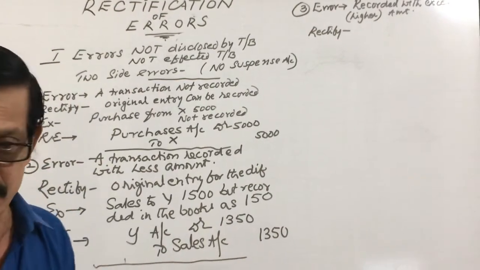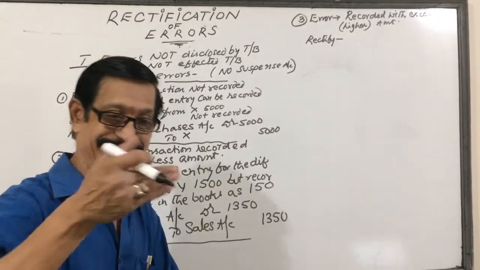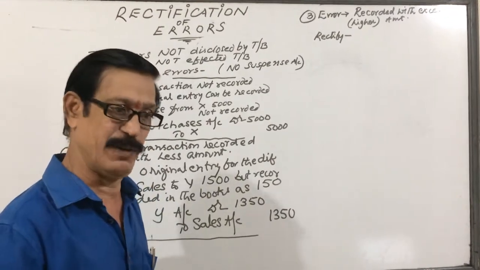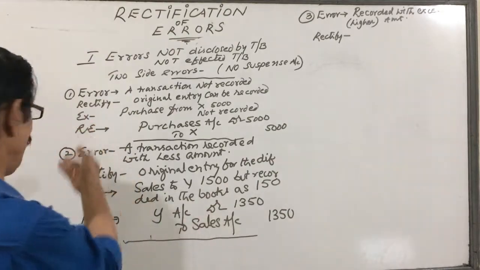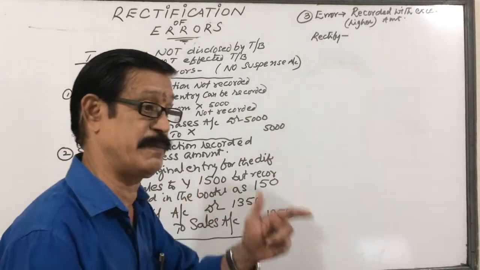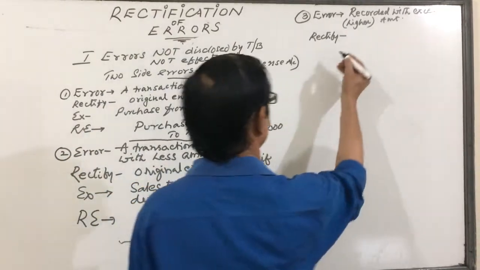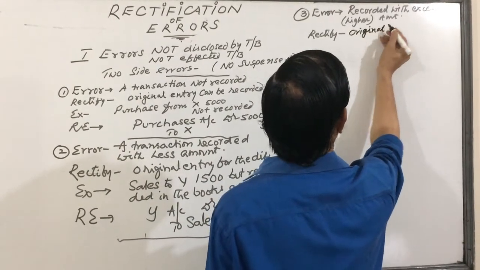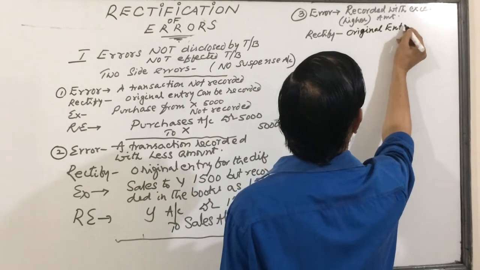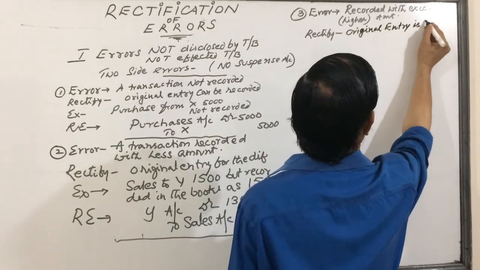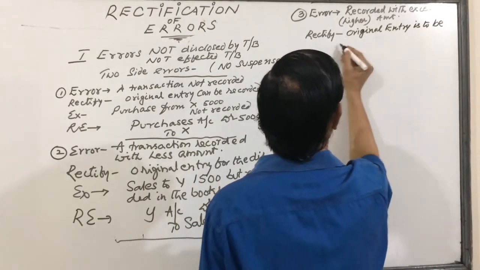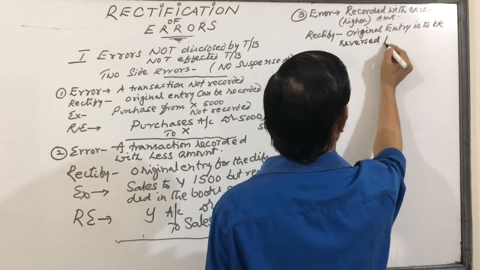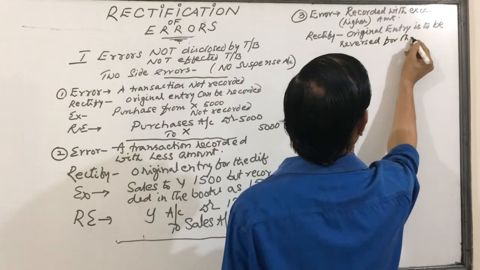The entry must be reversed. Here, think in your mind or write down in your rough work, the original entry must be reversed for the difference amount. The original entry is to be reversed for the difference amount.